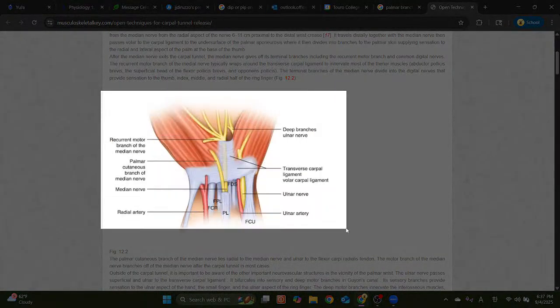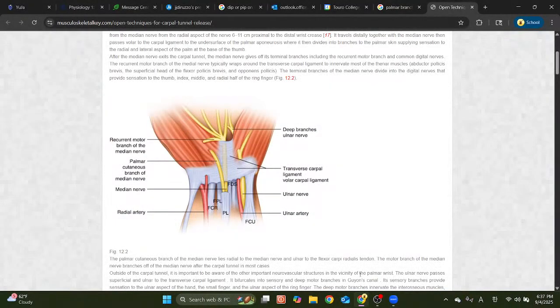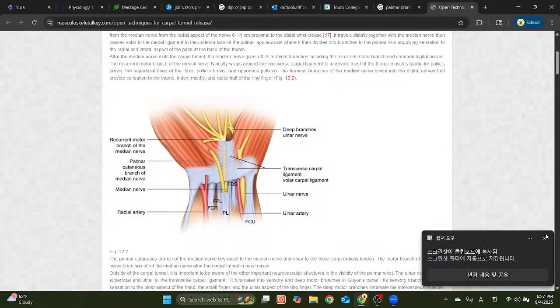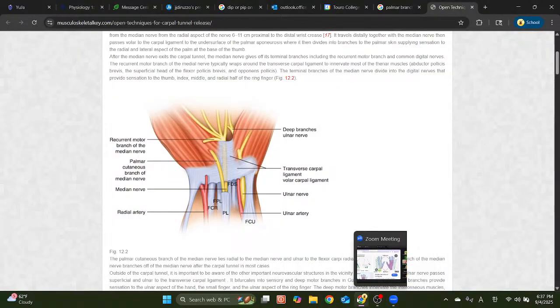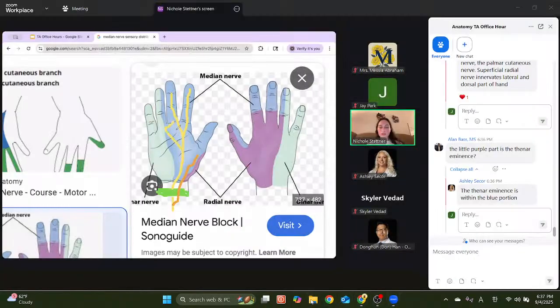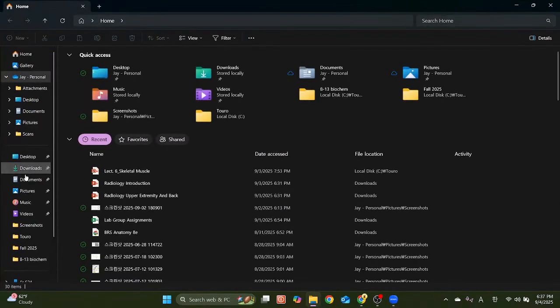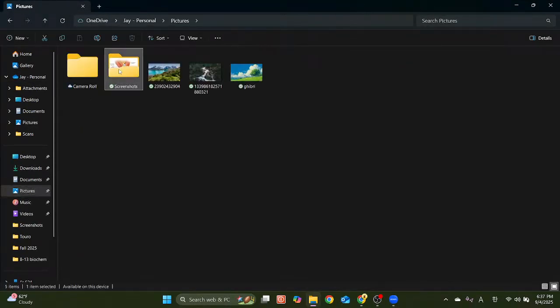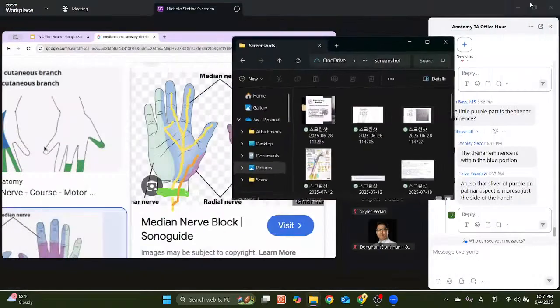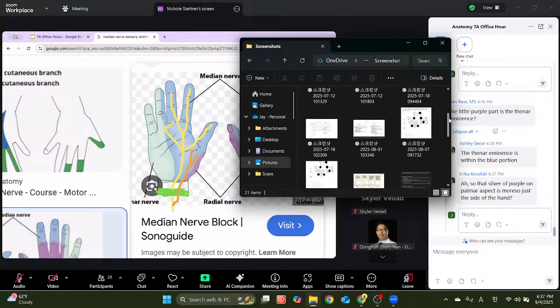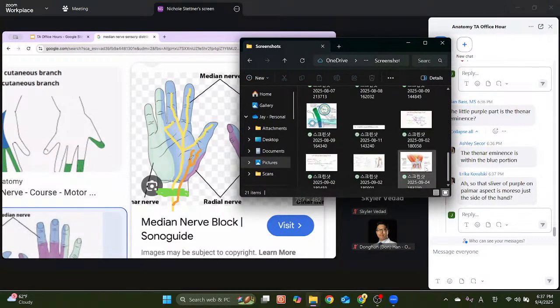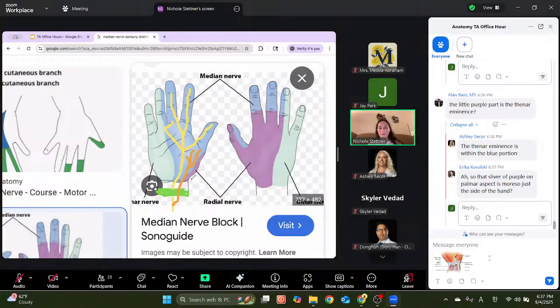Whereas the regular median nerve goes to the fingertips and provides sensation there. It splits differently in everyone, sometimes at the last minute. But the thenar eminence is provided by this palmar cutaneous branch here.